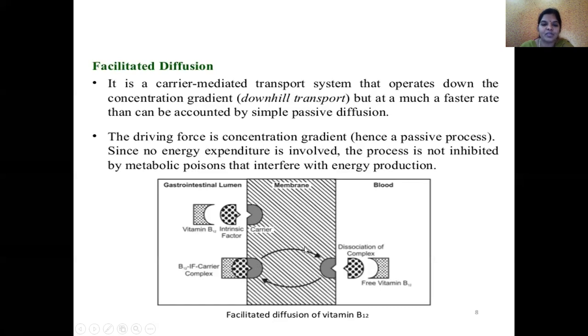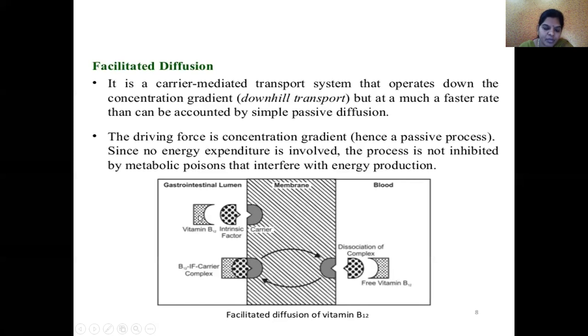When this complex is transported through this membrane, the carrier may get attached to this membrane, and the dissociation of intrinsic factor and free vitamin B12 will take place in the blood.